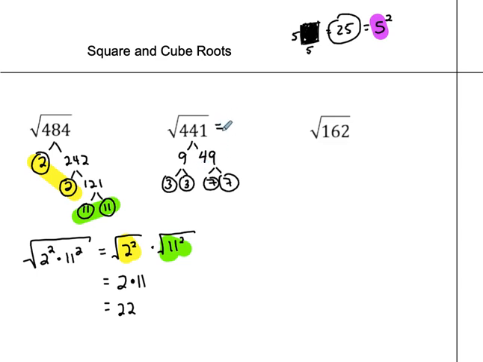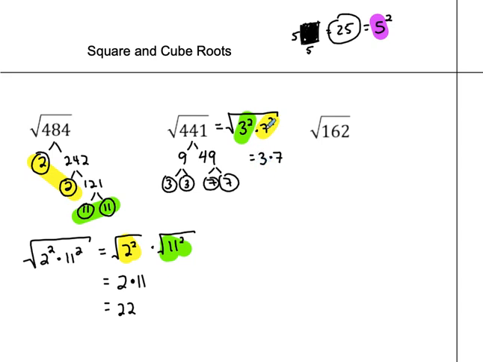So in other words, the square root of 441 is the same thing as the square root of 3 squared times 7 squared. And if I ask myself, well, what's the root of 3 squared? The root of 3 squared is 3. And if I ask myself, what's the square root of 7 squared? Well, the square root of 7 squared is 7.